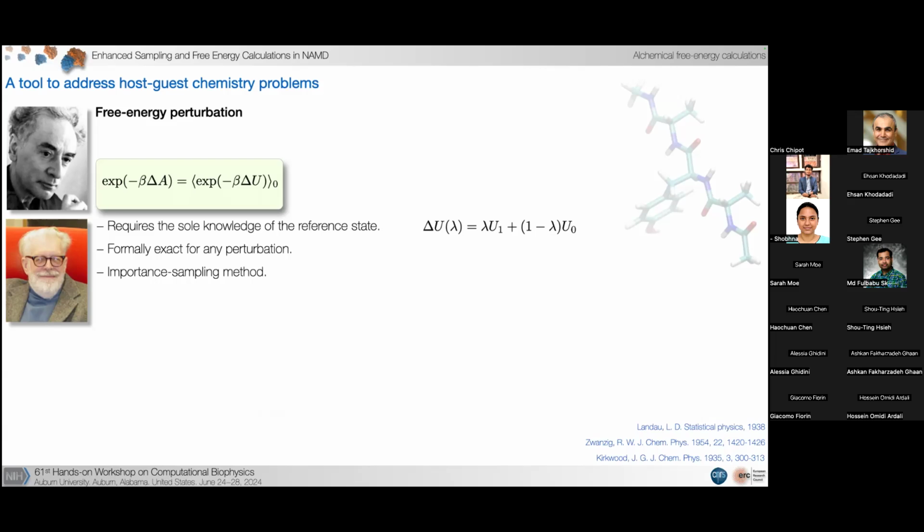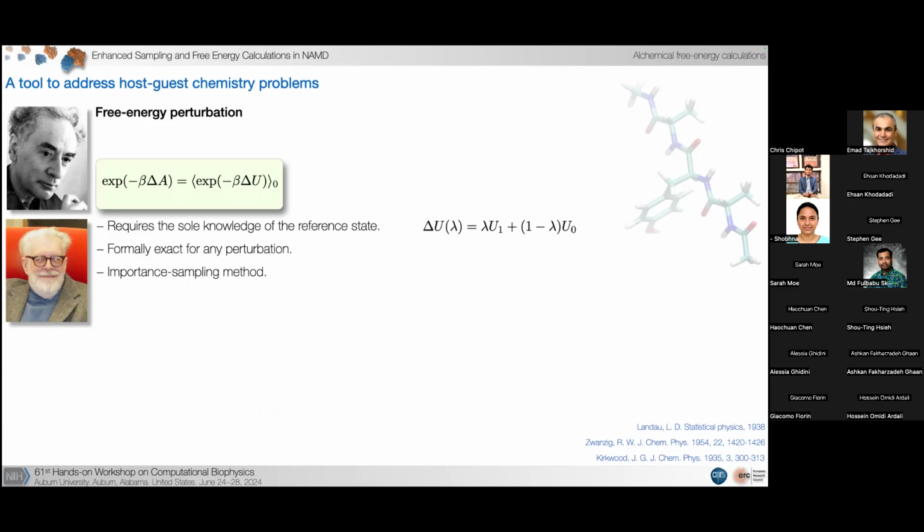But the seminal ideas of free energy perturbation were actually planted or devised by Lev Landau as early as 1938. But they're both considered to be the forefathers of free energy perturbation, which is embodied in this equation, which relates the free energy to the potential energy, actually to the perturbation term.